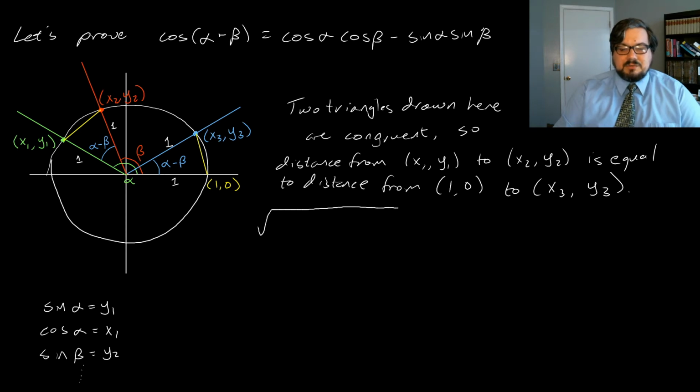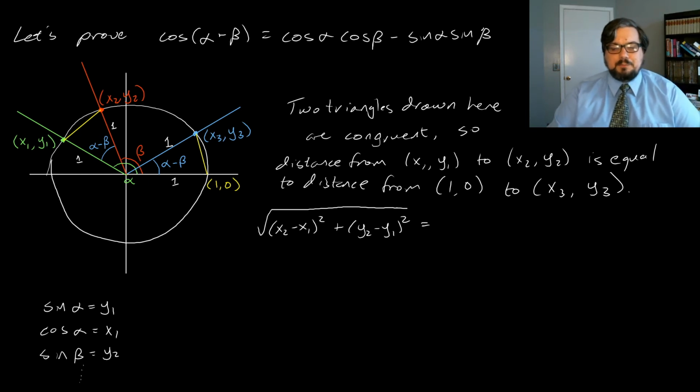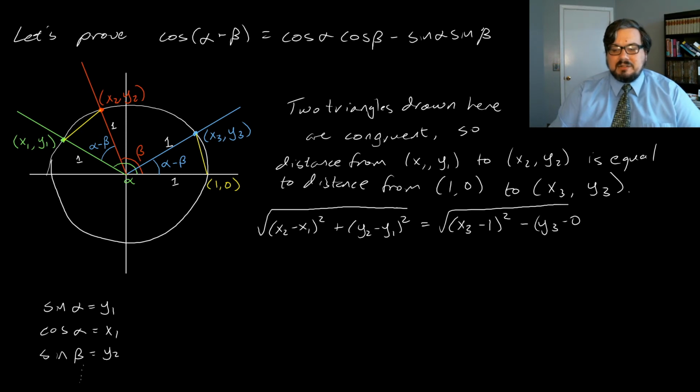So the distance from x1, y1 to x2, y2 can be written as the square root of x2 minus x1 squared plus y2 minus y1 squared. That's just the distance formula. And that has to equal the square root of x3 minus 1 squared plus y3 minus 0 squared. Now, I'm going to square both sides of this.